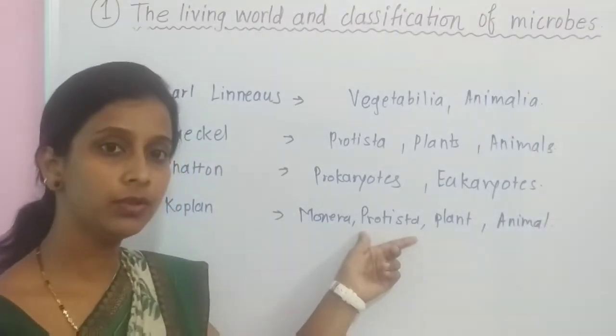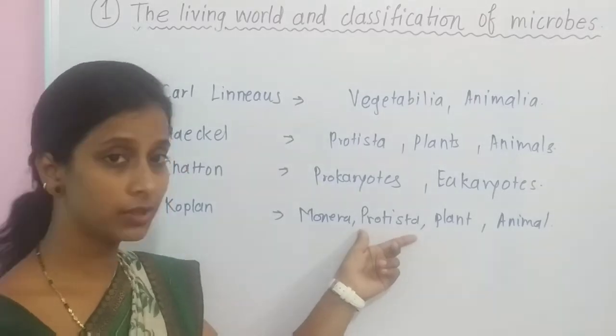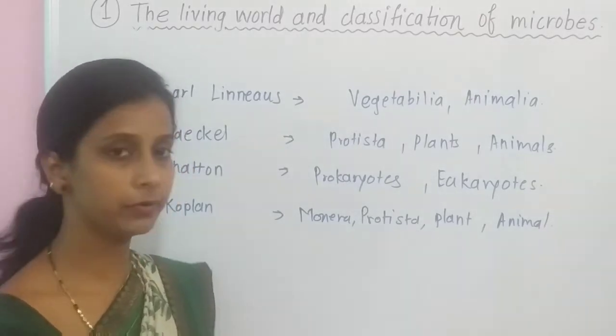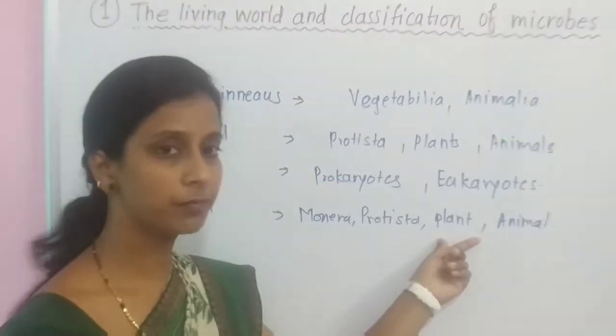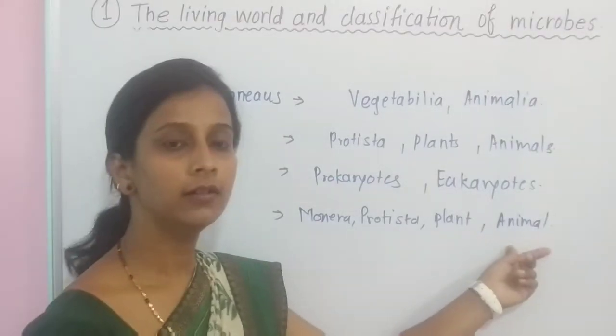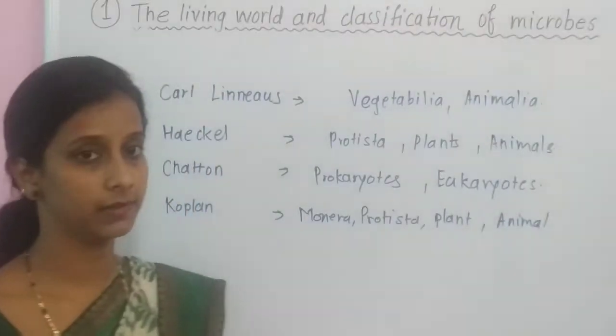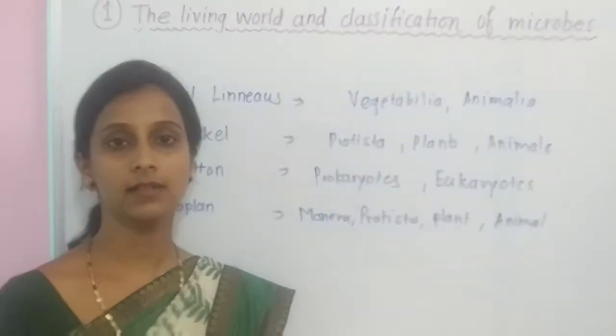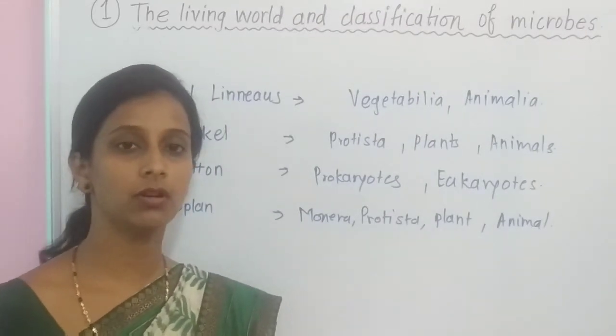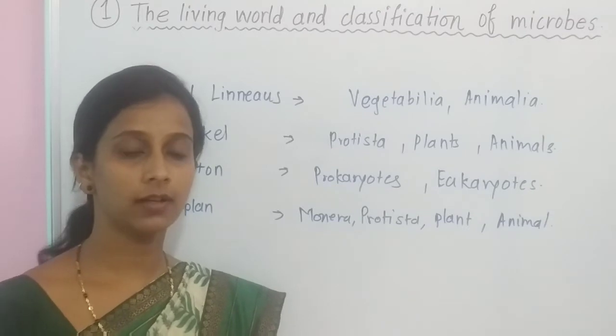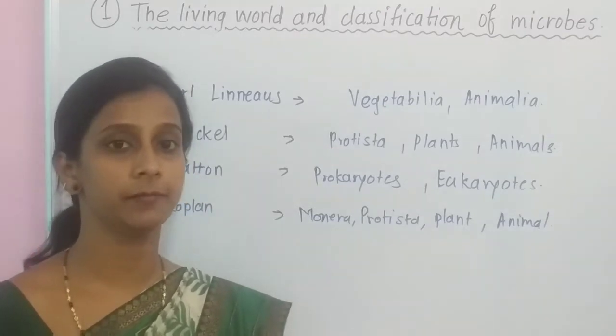Unicellular microorganisms with developed cells he put into the Protista group, and large plants into plants and large animals into the animals. So in this way these scientists worked on the classification of microbes, the classification of living organisms.